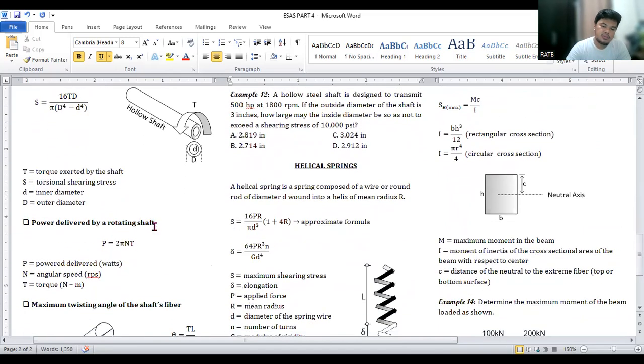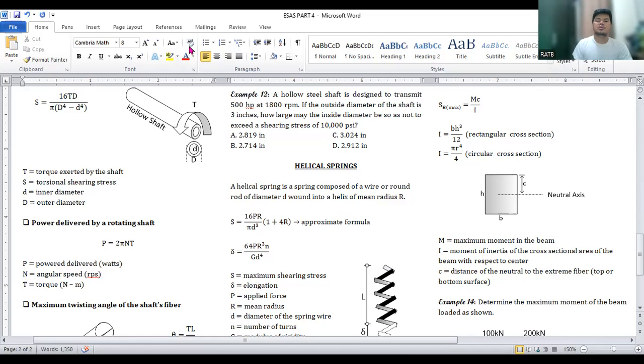So power delivered by a rotating shaft. You have 2 pi N T, where N is the speed.